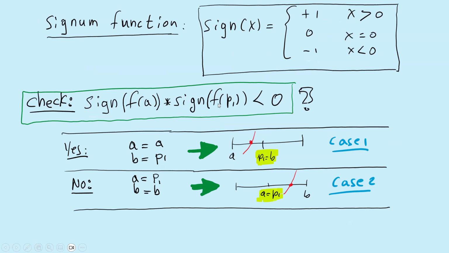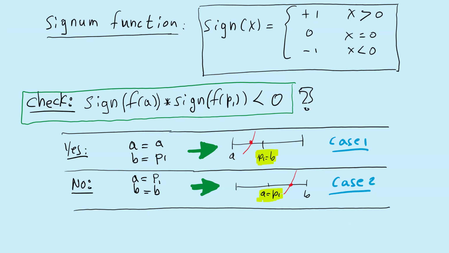If the sign is negative, it means the root is located between A and P, like in this example. For example, the sign of the function at point A is negative, and the sign of the function at the midpoint is positive. For this reason, the root is located between A and this midpoint.